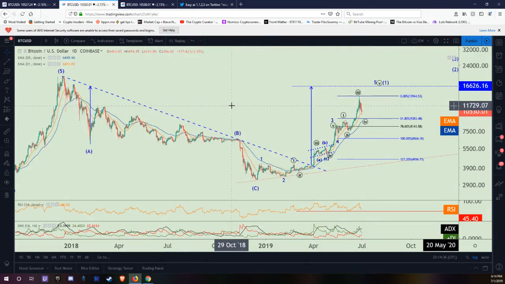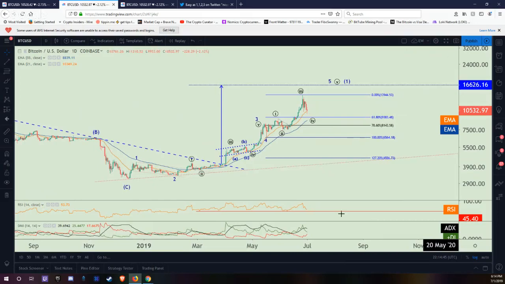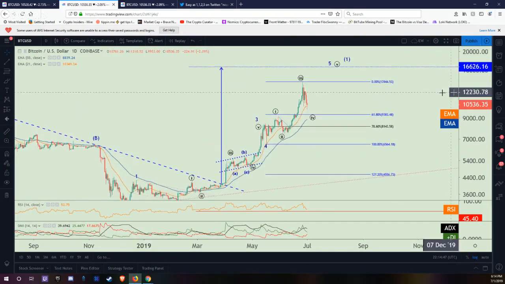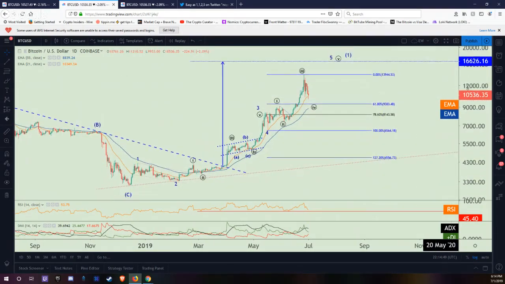So what are we looking at here? I got this ABC correction with a first wave to the upside here. What I'm going to do is blow this up a little bit so we can see what we're looking at here on this move to the upside. All right, a couple of things.